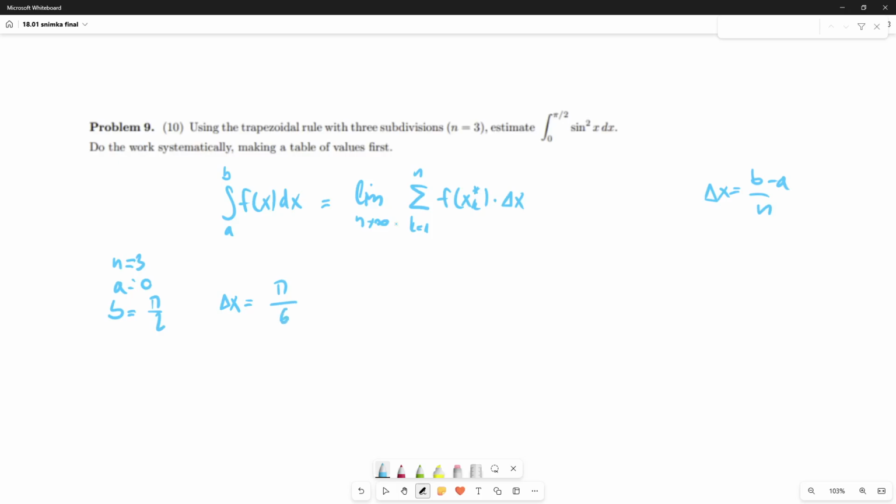Furthermore, for the trapezoidal rule, f of xk star is actually equal to f of xk minus 1 plus f of xk over 2.